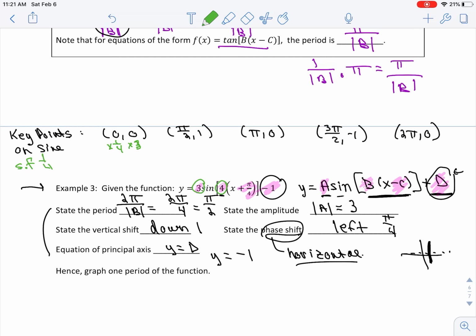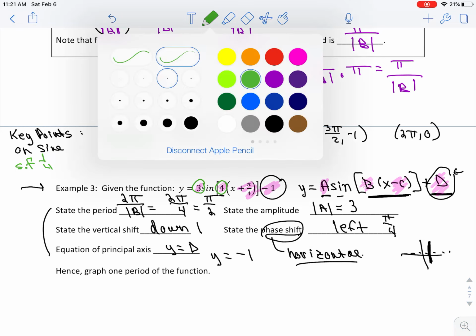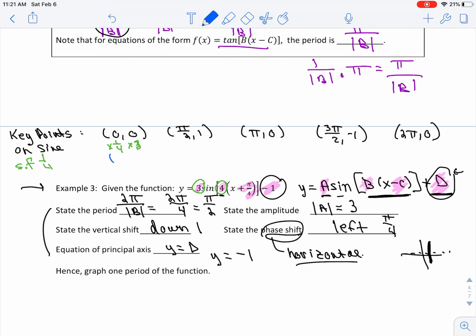So in my first line here, that means that I'm going to end up with 0, 0. And then I'm just going to multiply down the line first with the 1/4. So that's going to make this next one pi over 8. Again, I'll let you do the arithmetic. And then I'm going to have pi over 4. And then I'll have 3 pi over 8.